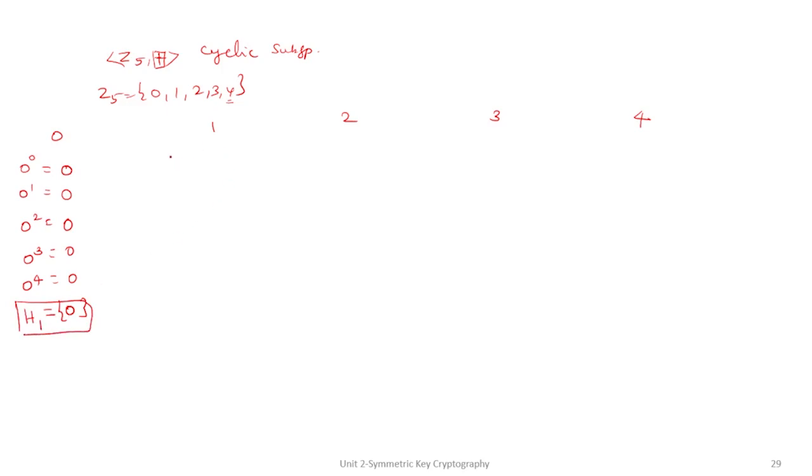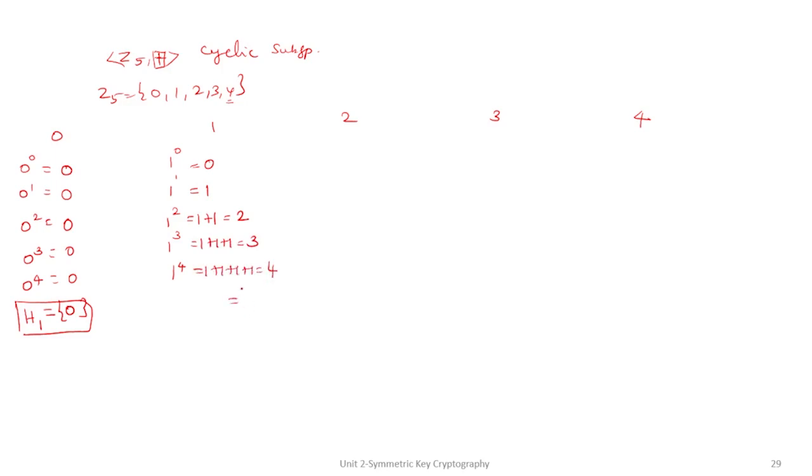If you take 1, we can write it as 1 power 1, 1 power 2, 1 power 3, 1 power 4 and so on. 1 power 0 means 0 times if you add 1, so the answer is 0. 1 time if you add 1, it is 1. 2 times if you add 1, it is 2. 3 times, it is 3. 4 times, the answer is 4.